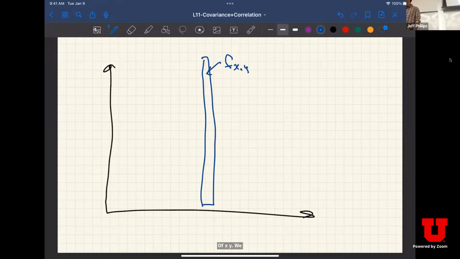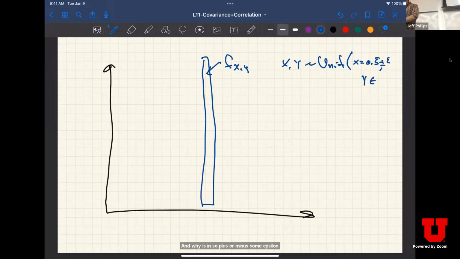We have x and y uniform over this box, where x is basically equal to 0.5 plus or minus maybe some little epsilon, and y is in 0, 1, right? So y varies a lot, but X is basically the same.